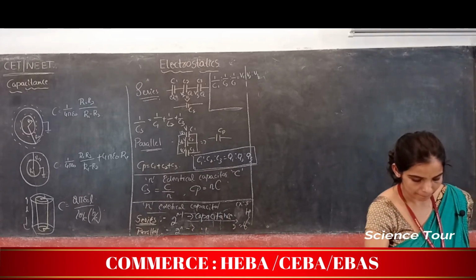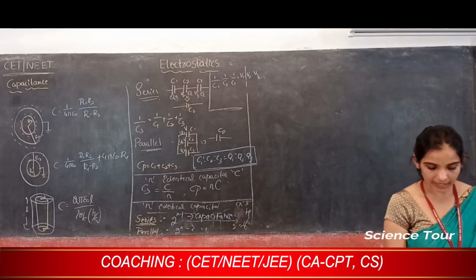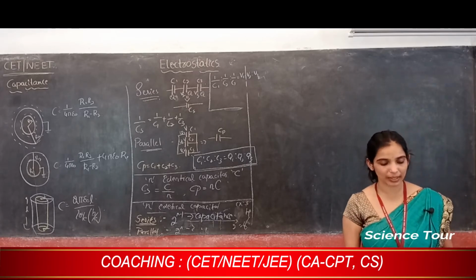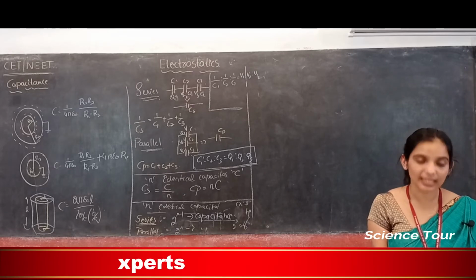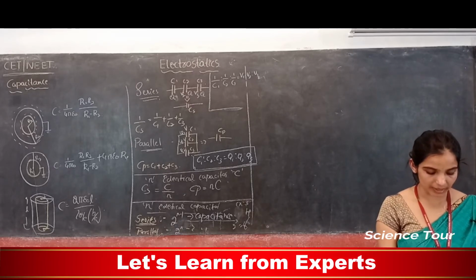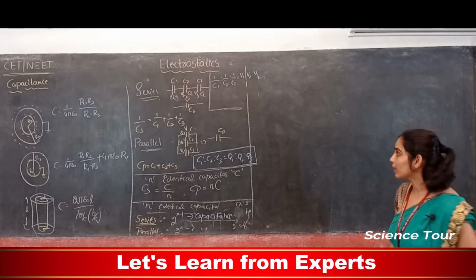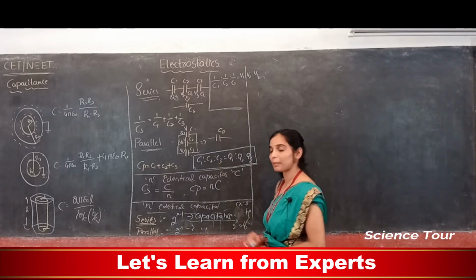Now let's say we want the capacitance of a capacitor with n identical parallel plates in air or vacuum between the plates. If you have two parallel plates, what will be the capacitance?